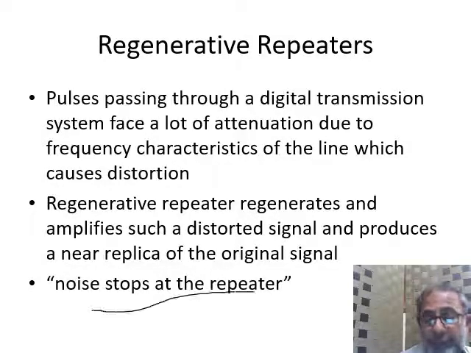Noise stops at the repeater, but if there is an error done by the repeater in identifying a particular bit, instead of identifying a 1 as a 1, it identifies it as a 0, it means that it has committed an error. In this case, the errors would add up. Errors would be cumulative, while the noise would stop at this particular point.